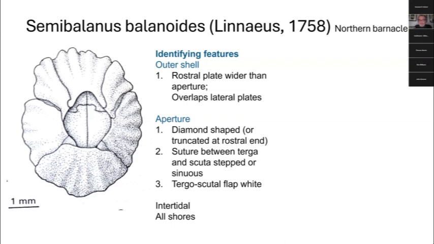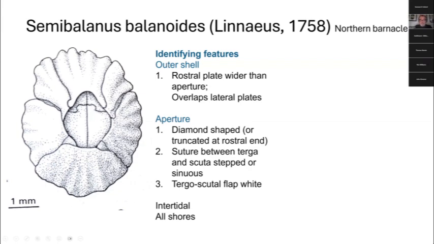The suture that runs across between the tergum and the scuta in various acorn barnacles, including this species, is sinuous or stepped. That's very characteristic of Semibalanus balanoides, that particular shape of stepping in the suture.